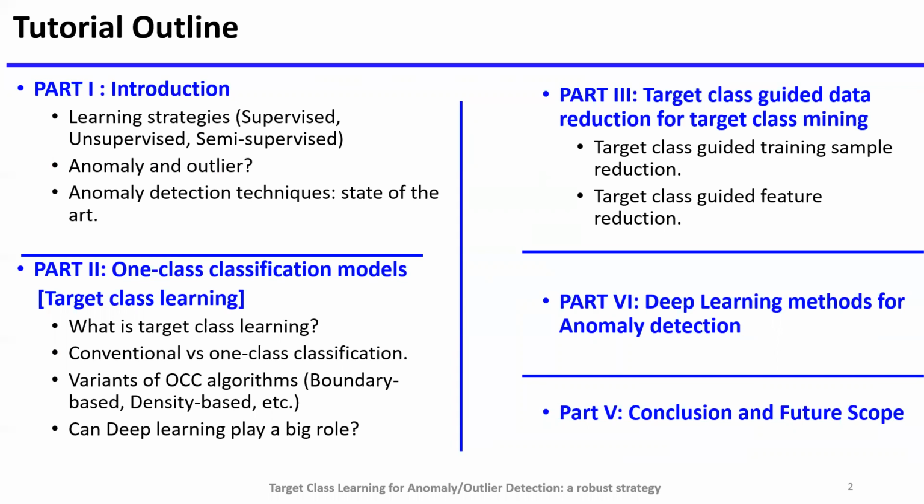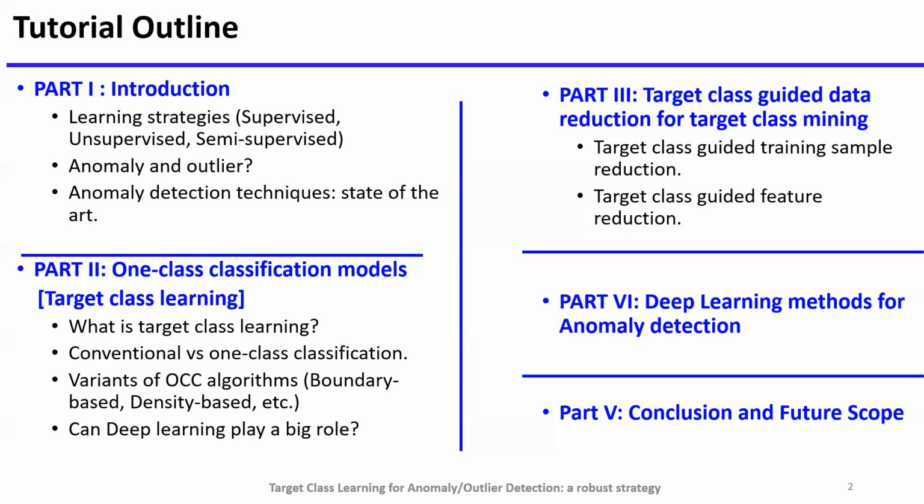In part 2 of the tutorial, we will be covering one-class classification models, especially in the light of target class learning. Part 3 of the tutorial is focused towards target class guided data reduction for target class mining. So here we are including target class guided training sample reduction and target class guided feature reduction.